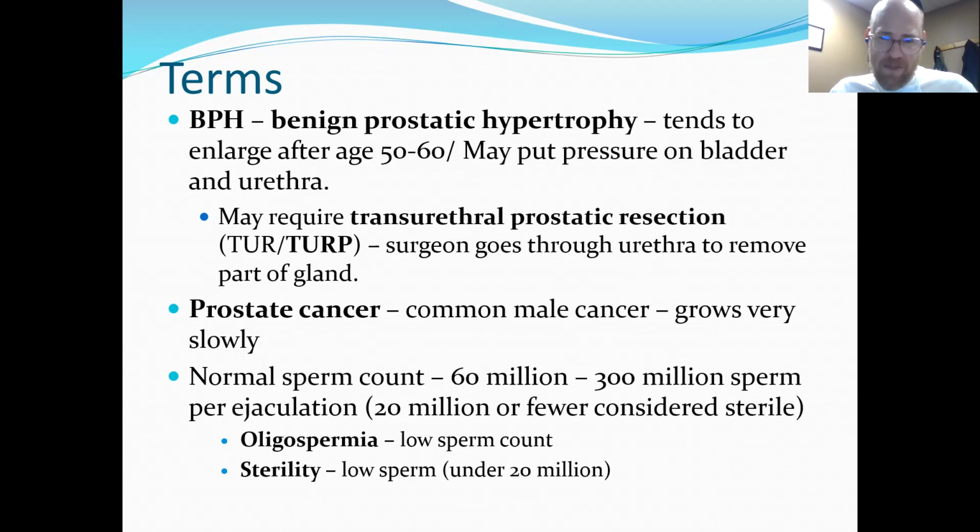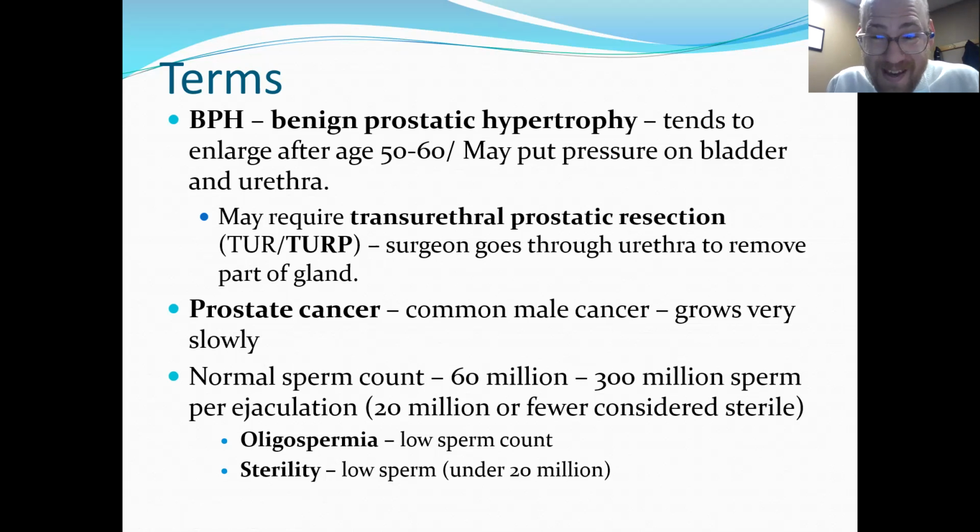Prostate cancer is the most common male cancer, as we know, so it is very, very important for men to get screened. Normal sperm count: we said we were going to talk a little more about male fertility. With every ejaculation, generally speaking, the semen typically contains between 60 and 300 million sperm, and that is considered normal.